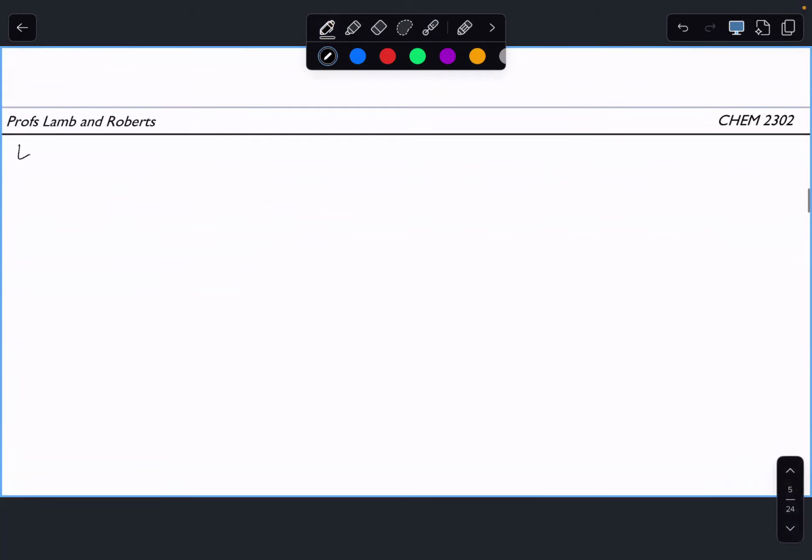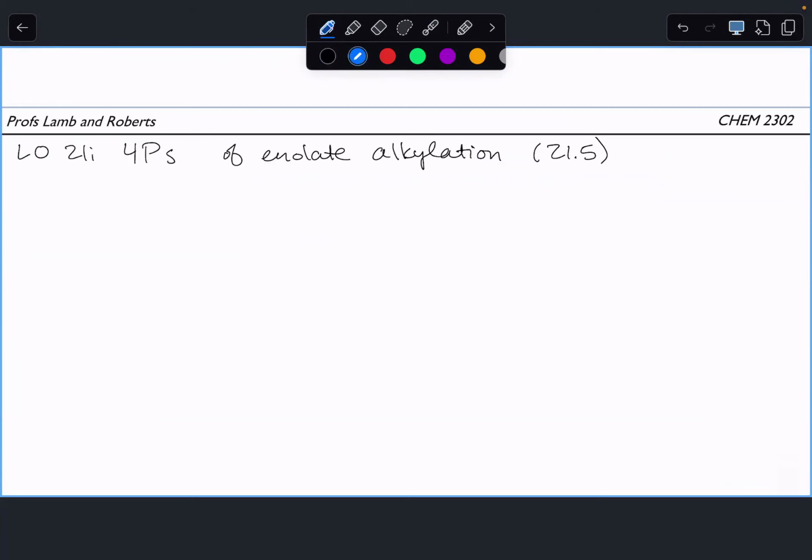So let's start with our first learning objective of the day, the 4 Ps of enolate alkylation, which is section 21.5 in the book. So just like every other reaction in this chapter, the chapter is essentially enolates as nucleophiles.